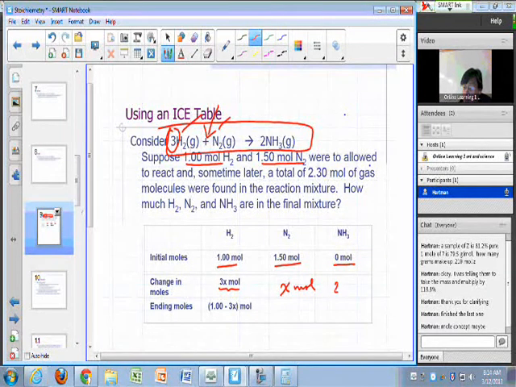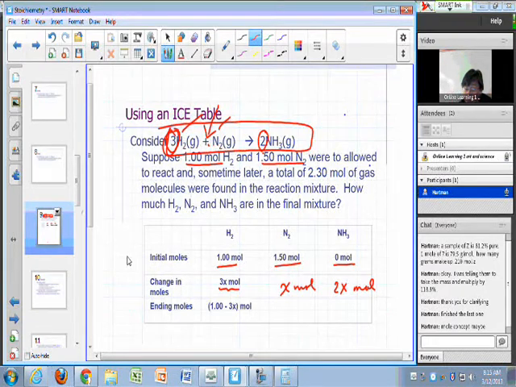And we're going to form 2x moles of NH3 because the coefficient of NH3 is 2. So if you have x moles of reaction, you're going to lose 3x moles of H2, x moles of N2, and gain 2x moles of NH3.